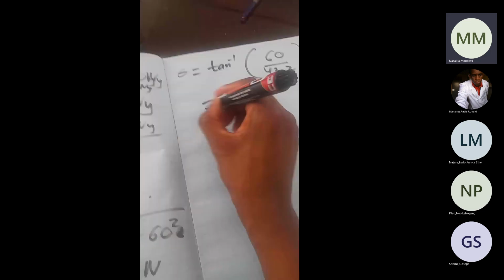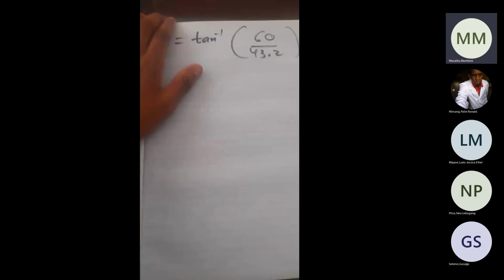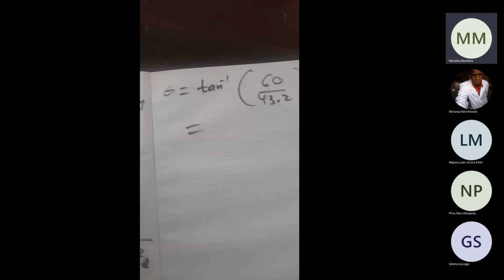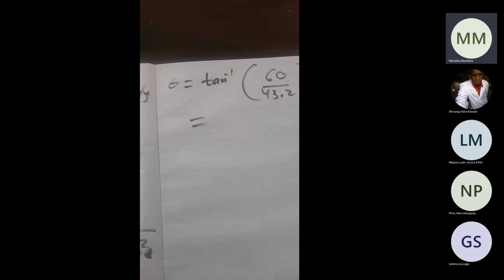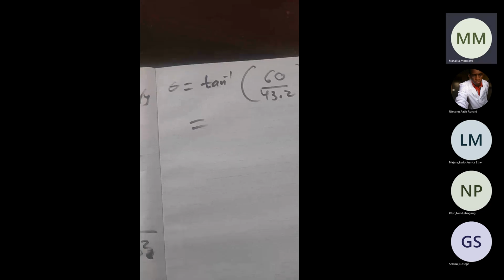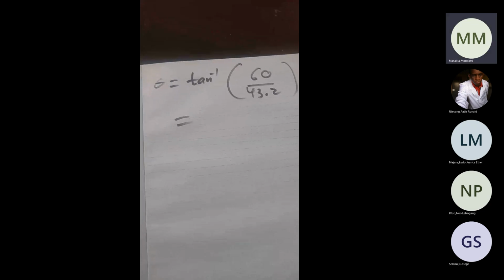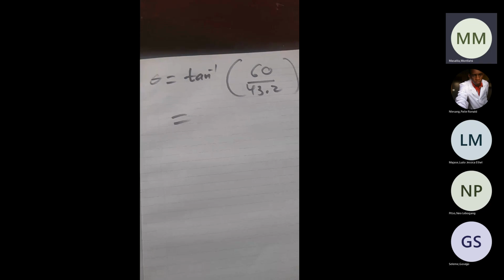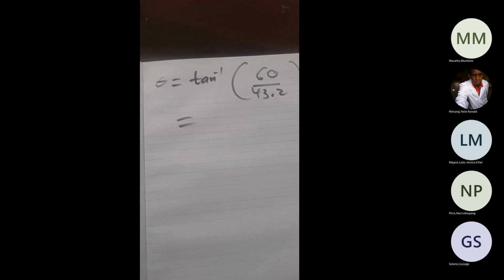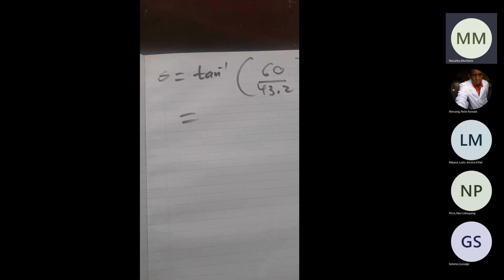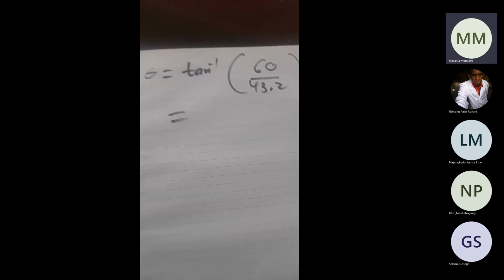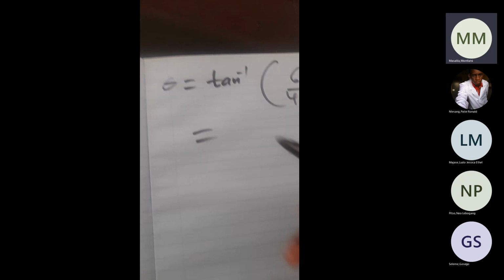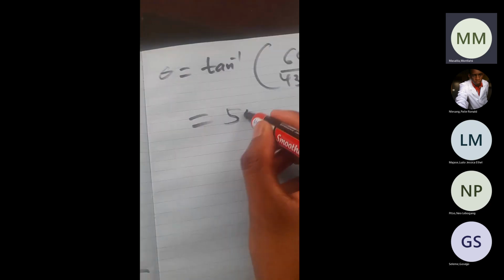Theta is tan inverse of 60 divided by 43.2, which is 54.2 degrees.